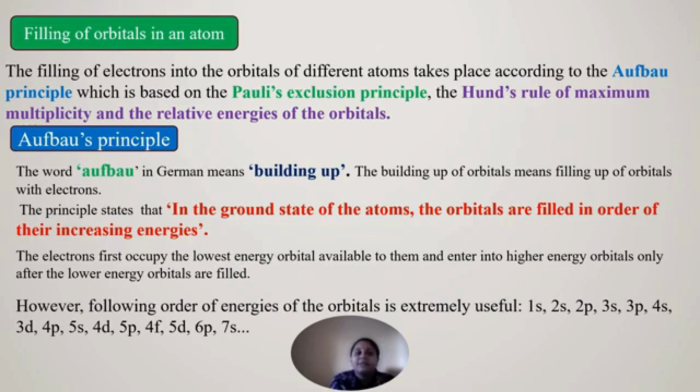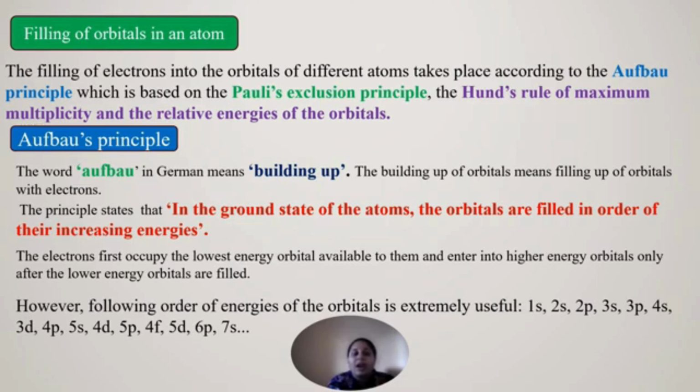The electrons first occupy the lowest energy orbital and then enter into the higher energy orbitals after the filling of the lower energy ones. So 1s, 2s, 2p, 3s, 3p, 4s, 3d, 4p, 5s, 4d, 5p, 4f, 5d, 6s, 7s.